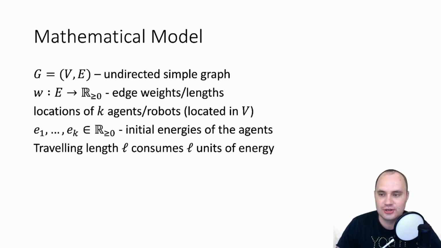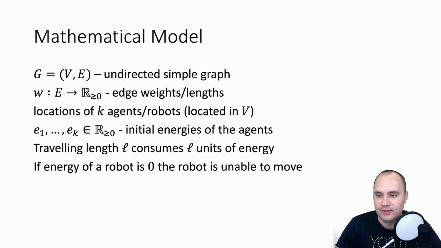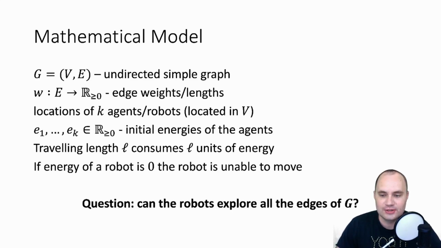So energy and distance traveled are in one-to-one correspondence with each other. If the energy of a robot becomes 0, then the robot is unable to move. The question is whether the robots can explore all the edges of the graph G. It's very important to note for the rest of the talk that we're talking about the offline setting, where all this information is known in advance, and the centralized authority is designing different trajectories for the robots.